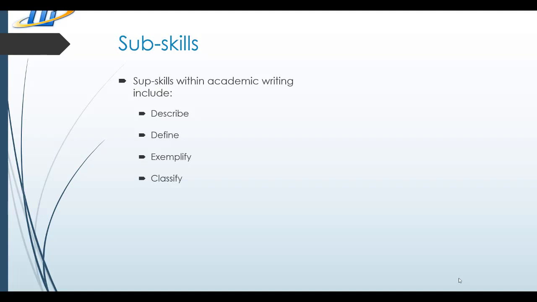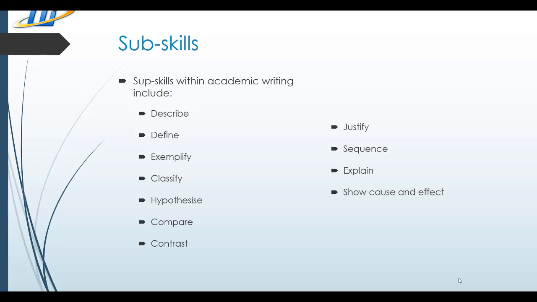Let's have a look at some sub-skills that students will need. Some of the sub-skills within academic writing will include describing, defining, exemplifying, classifying, hypothesizing, comparing, contrasting, justifying, sequencing, explaining, showing cause and effect, as well as concluding statements.